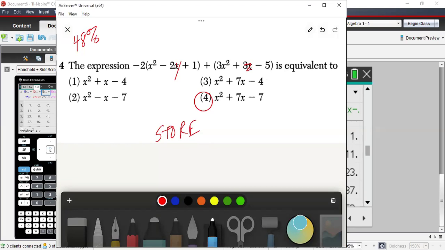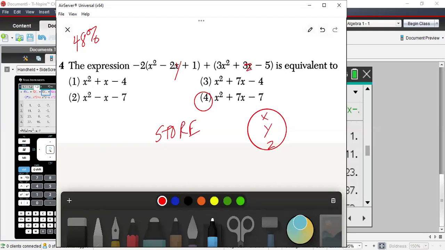We would store a number in for x, a number in for y, and a number in for z, and we could still use this technique. The graph wouldn't be able to handle the y and the z, but the storing definitely can. If it's just one variable, you can use storing or graphing, but I believe storing is a better option.